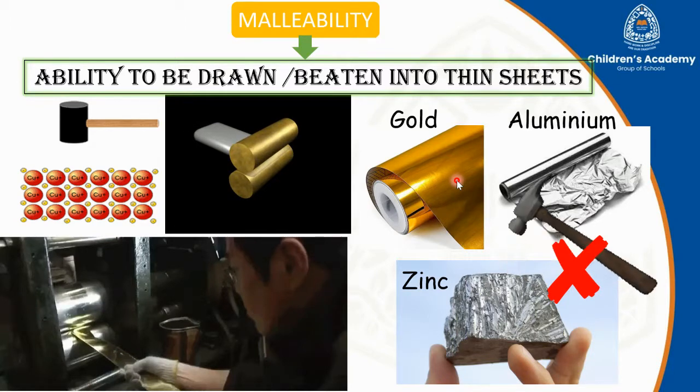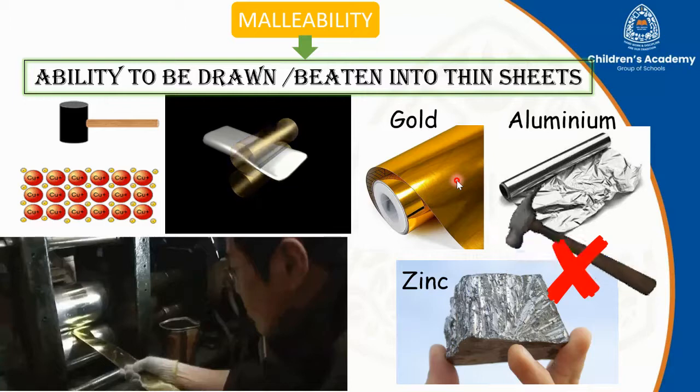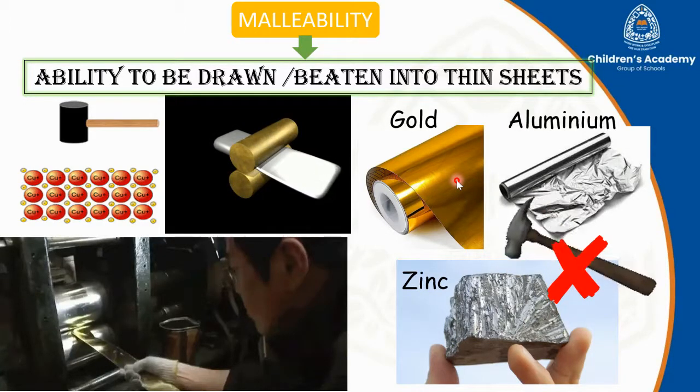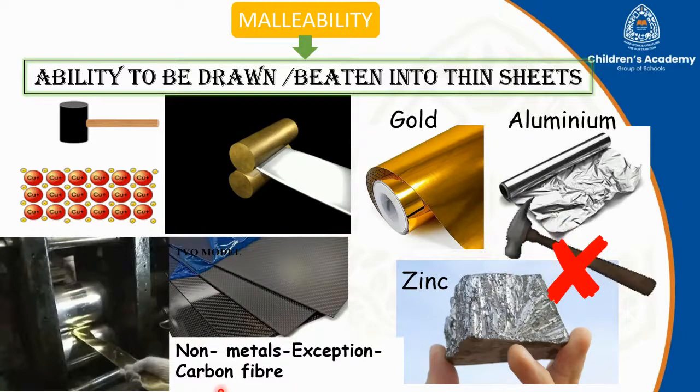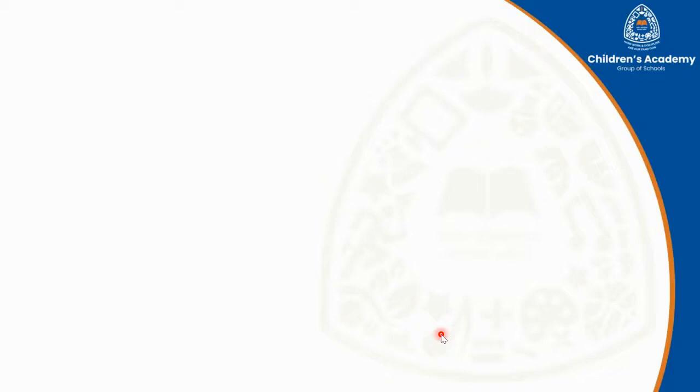Malleability is the property shown by solids. Non-metals are either soft solids or liquids or gases. Thus, they are non-malleable in nature except for carbon fiber. Note down this property.